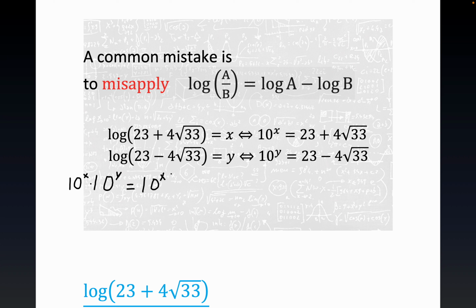Okay, just well-known properties of exponents. But notice we also have another way to represent this based on the definition of logarithms. This is equal to just the product of these two, what they call conjugate surds, I think. So you can write this as 23 plus 4 root 33.